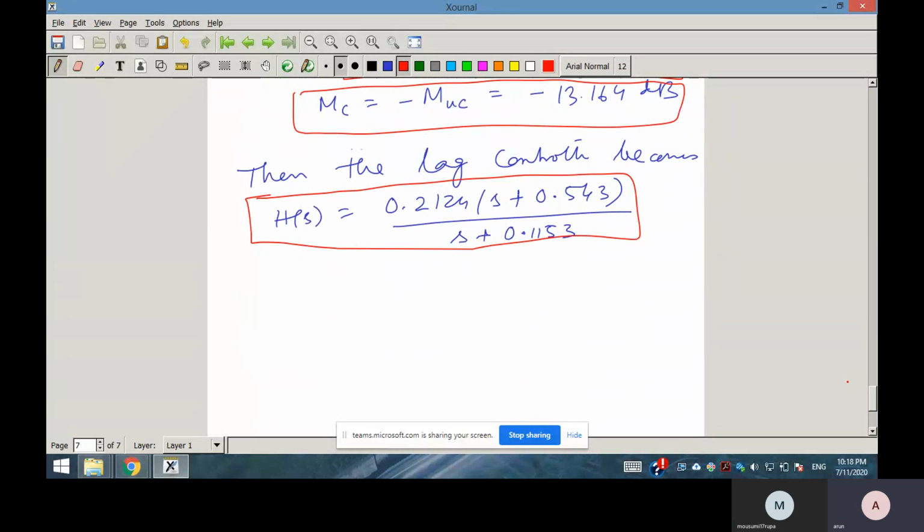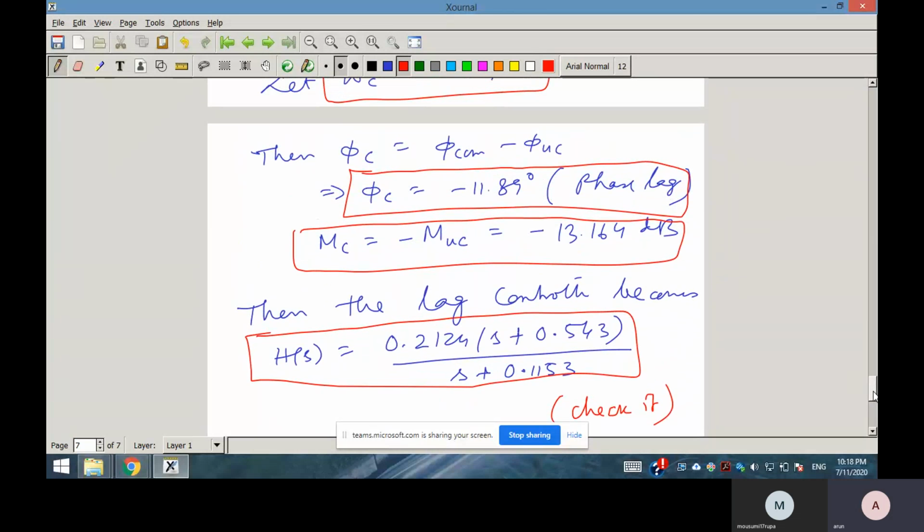Okay, so I'm just writing, check it. Better to check it. I have checked it, but you must check. So now lag lead controller design.